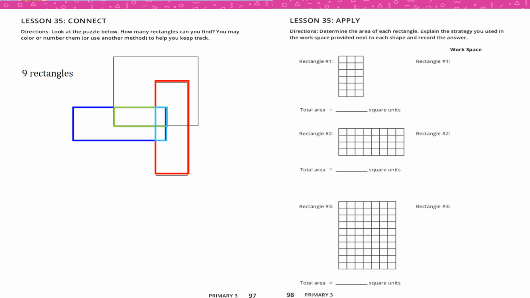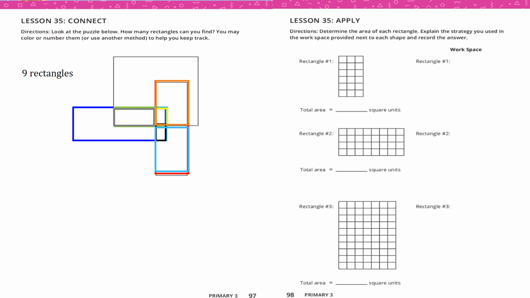This is fourth, baby blue or light blue. This is fifth, which is yellow, and then the black one and the gray one, and we have here brown one and light blue one. Total rectangles are 9 rectangles.